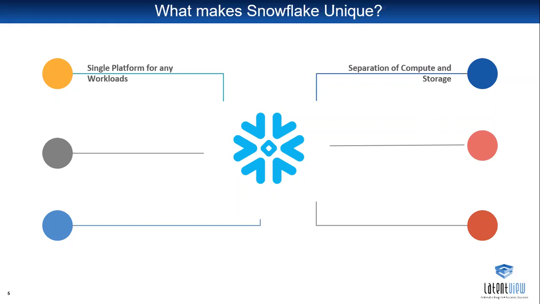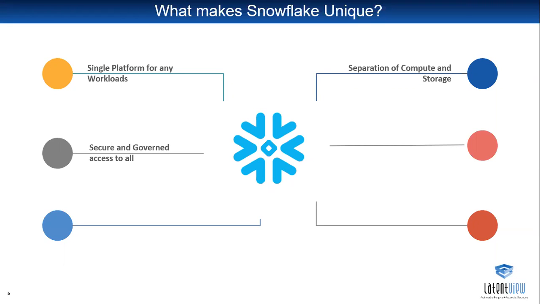There might be some customers who require more compute power and less storage, and some who require less compute power and more storage. In that case, it separates compute and storage, and it also auto scales. If you want more compute, it scales up, and if you want less, it scales down, and it is automatic. So that is one capability which is unique in Snowflake.